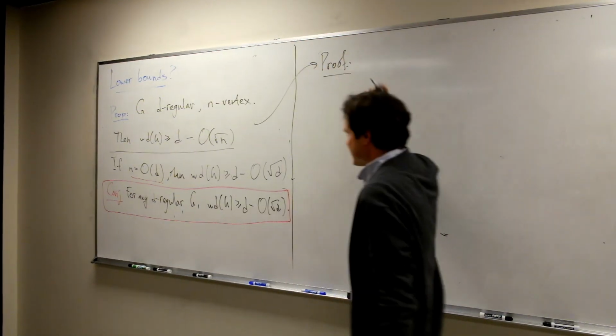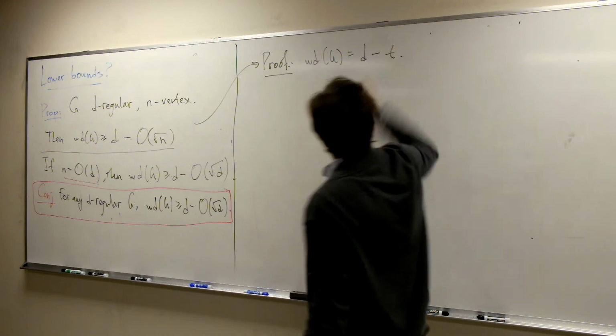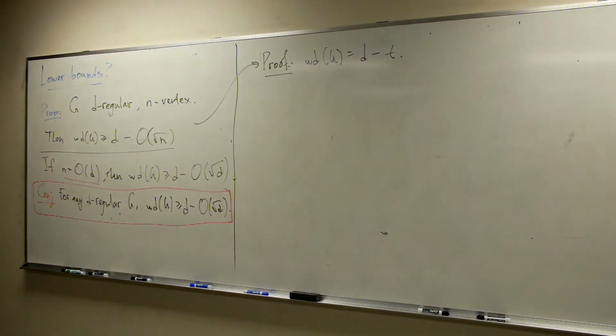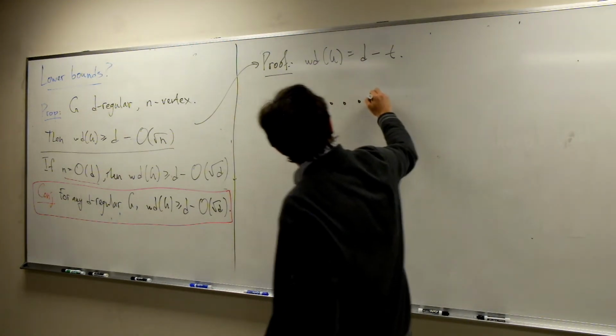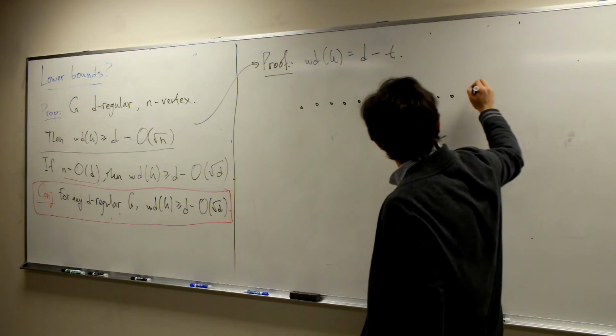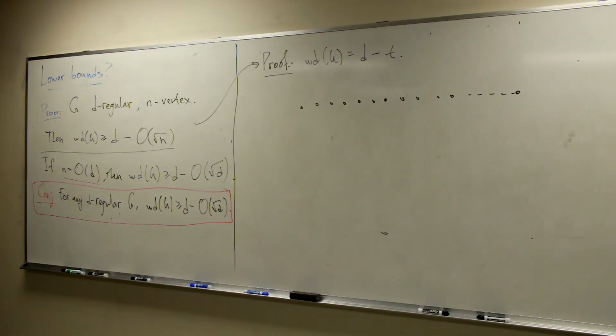Here's the proof. Well, suppose that the weak degeneracy is d minus t, and I want to argue that t has to be at least some constant times root n. Well, what does this mean? This means that there is some order in which I can delete the vertices. Let me put them in this order. So I'm removing the vertices one by one like this. Each time either I just delete the vertex or I delete with a saving.